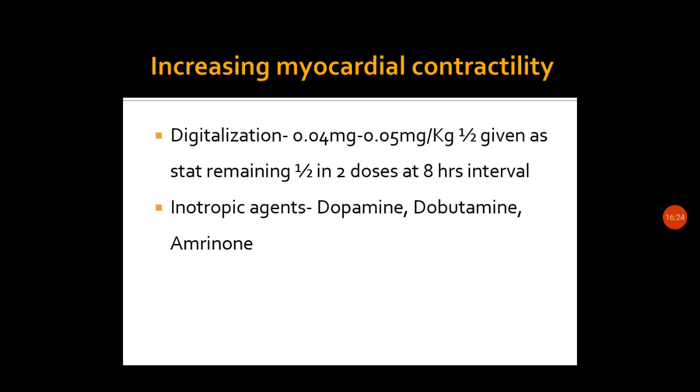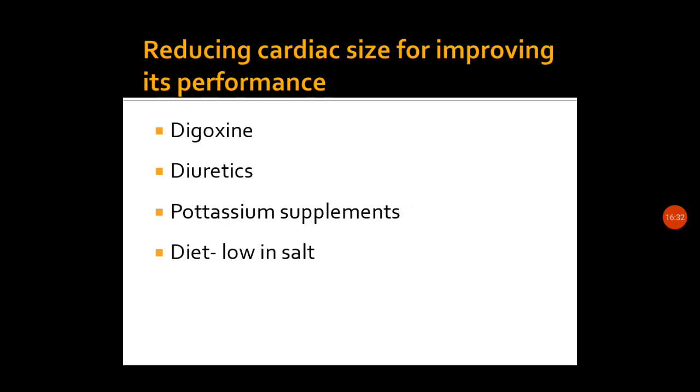Then other inotropic agents can also be administered to increase the myocardial contractility, like dopamine, dobutamine and amrinone. Reducing cardiac size for improving its performance: for that purpose we administer digoxin, diuretics, potassium supplements, and a low salt diet can be given for the patient.